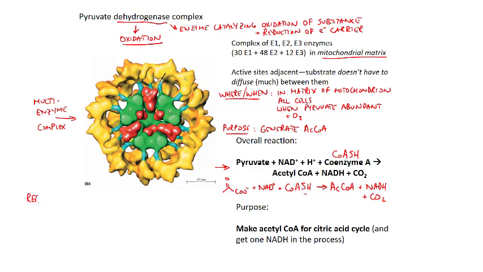Regulation, how is this regulated? We're not going to talk much about regulation of pyruvate dehydrogenase, but I will say that there is an enzyme called pyruvate dehydrogenase kinase, which phosphorylates pyruvate dehydrogenase. You guys remember what protein kinases do, right?